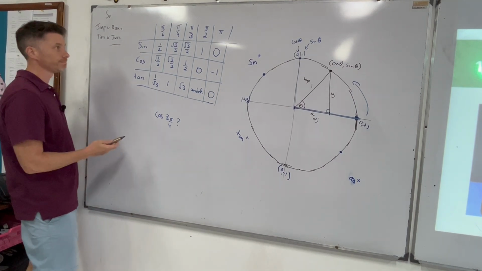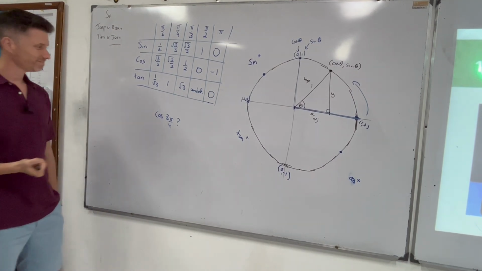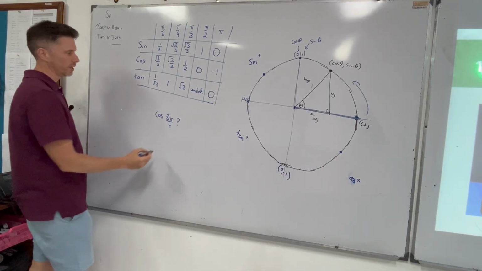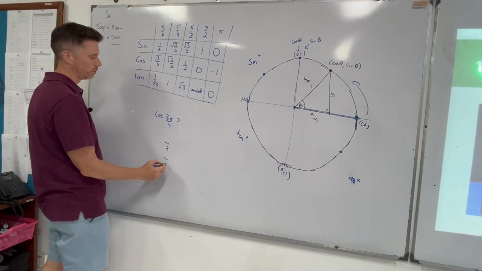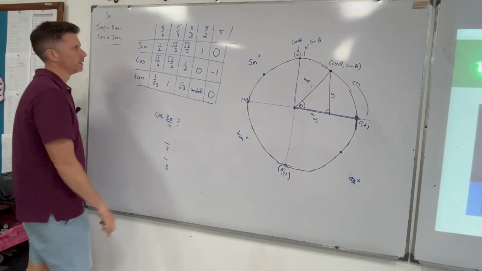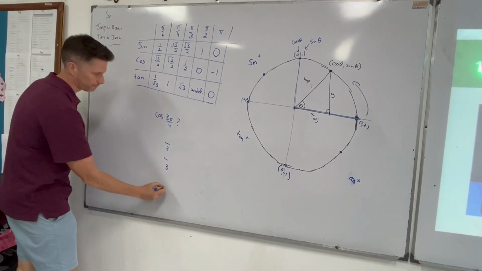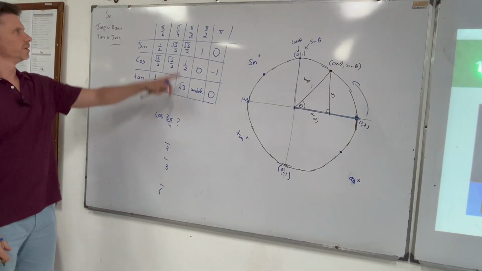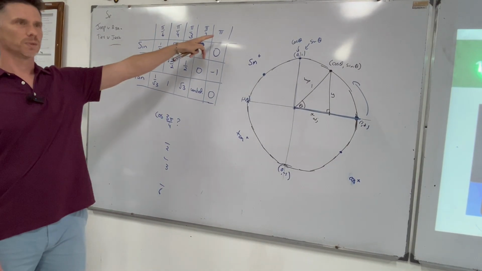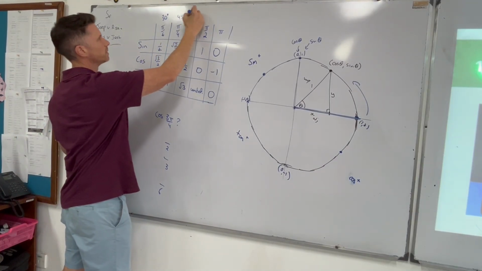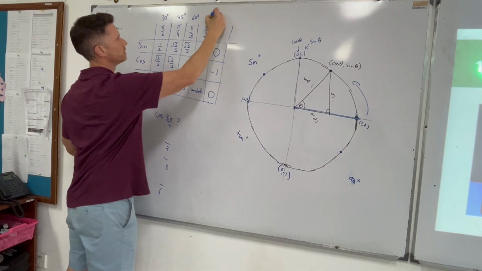Pi over 4 is 180 divided by 4, which is 45. With all of these known angles, you're going to get pi over 2, pi over 3, pi over 4, and pi over 6. You know that in degrees that's 30 degrees, 45 degrees, 60 degrees, 90 degrees, and 180 degrees.